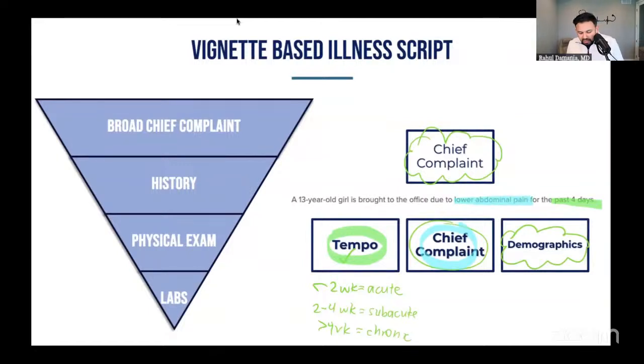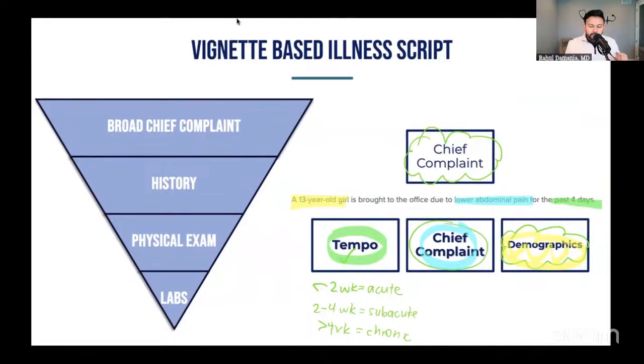And how would you categorize the demographics? This is going to be a teenager. So the chief complaint you can turn into, they are trying to test me on acute lower abdominal pain in a teenager. Acute lower abdominal pain in a teenager.